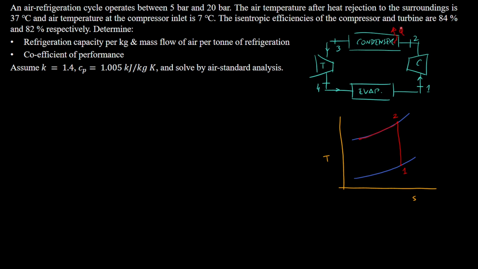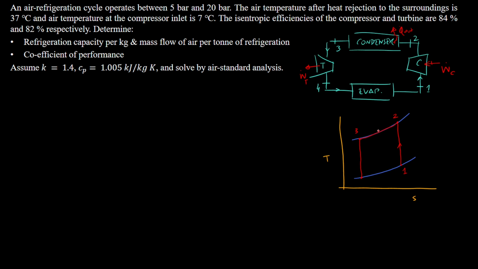Q dot out we've got over here. We've got work that we're supplying into the compressor over here, which is work done across the compressor. So we've got state 3. State 3 to 4 is going to be across the turbine, where work is being generated across the turbine. It's going to be an isentropic process, which is constant entropy, so it's going to be a vertical line pointed downwards.